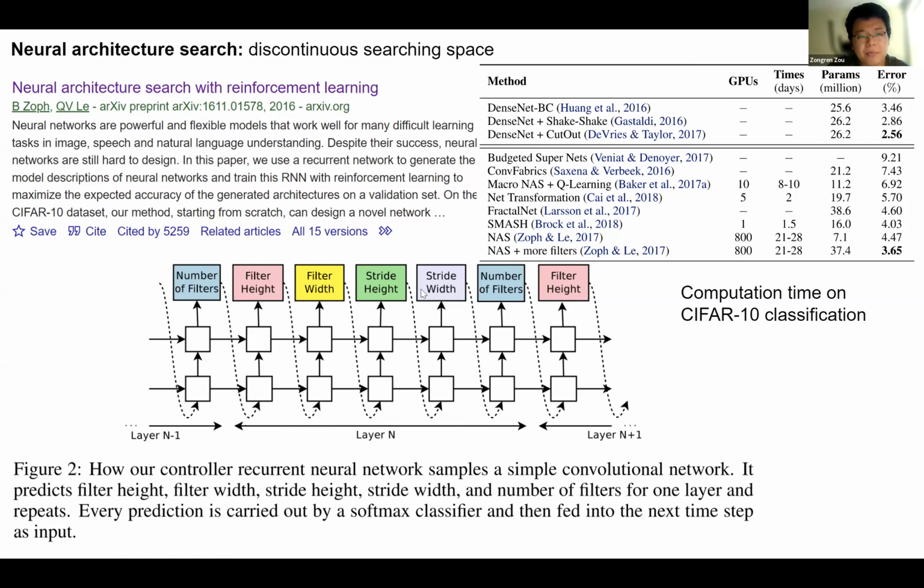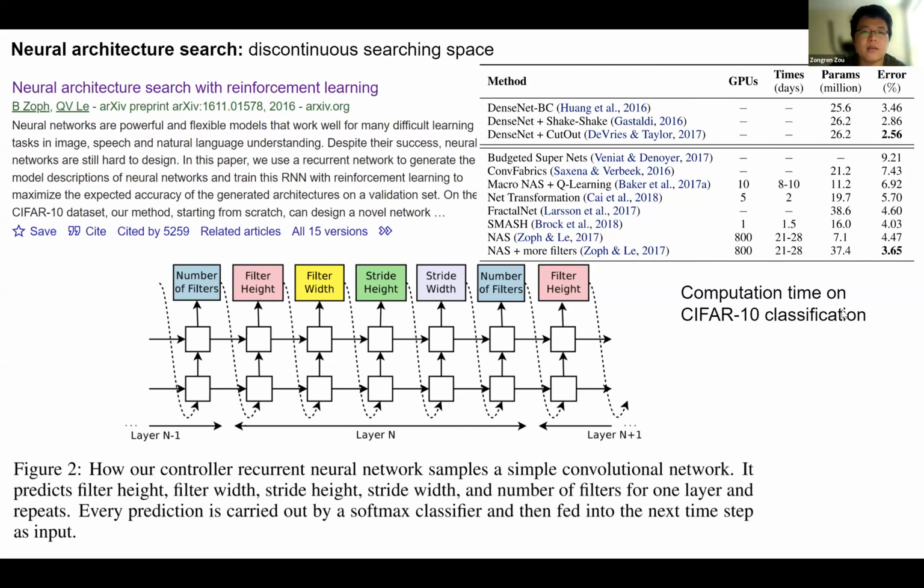This method can actually give us really good architectures, but the main problem with this neural architecture search method is the computation time. This table comes from another paper, not this paper. It shows the computation time on CIFAR-10 classification.